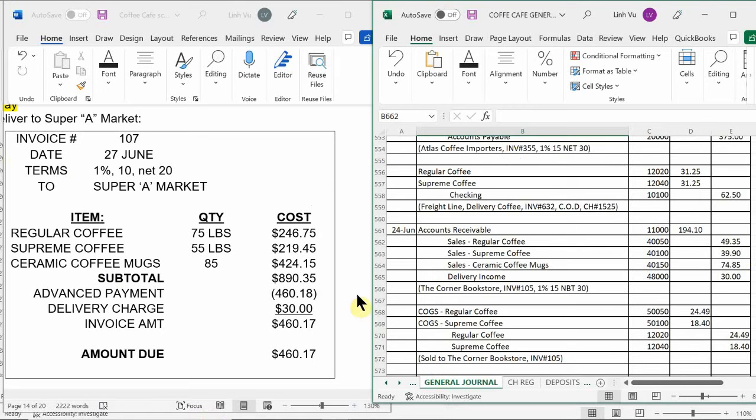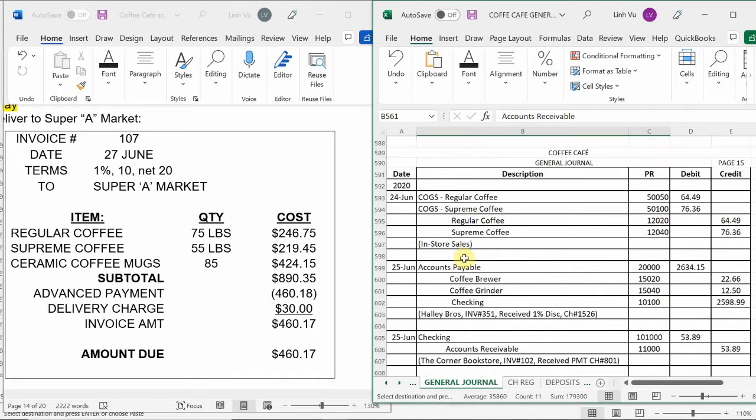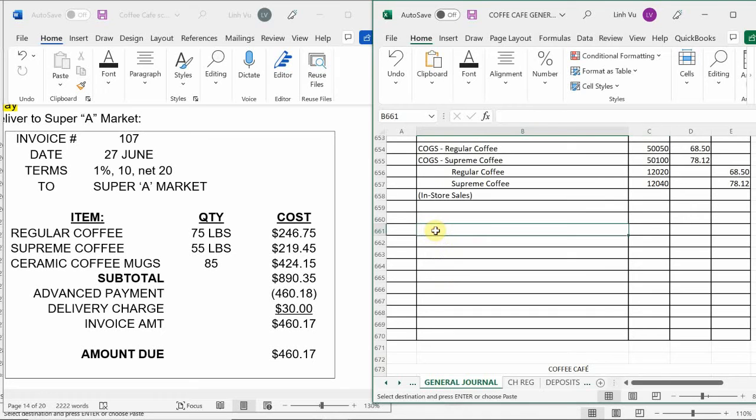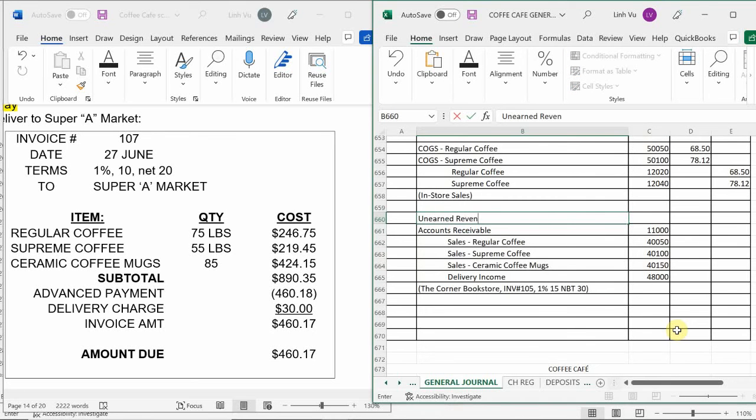This one's perfect. Okay. We have our unearned revenue that we're applying to the invoice. 27.